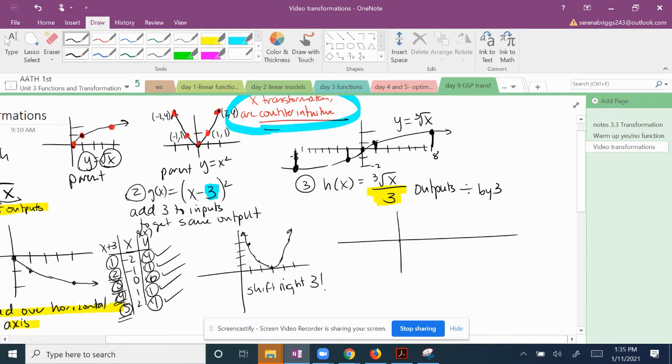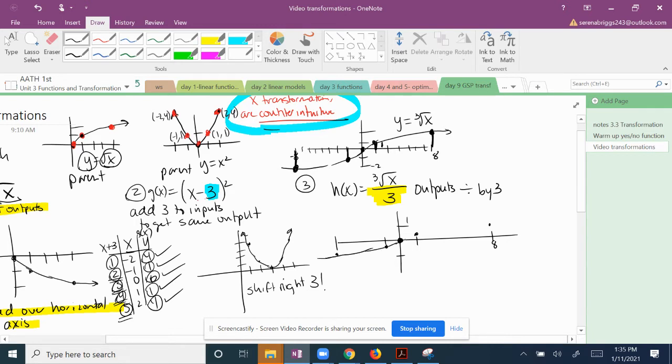So 0 divided by 3 is still 0. The output of 1 right here, I would divide that by 3. So now that's only 1/3. 2 is now 2/3. Not even 1 yet. Negative 1 becomes negative 1/3. And negative 2 becomes negative 2/3.